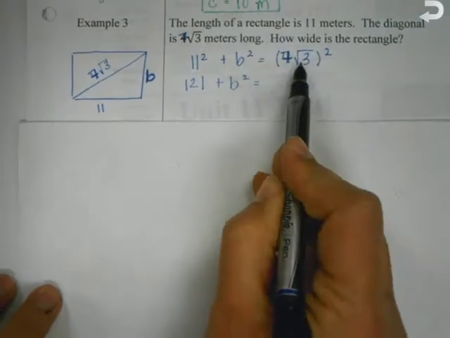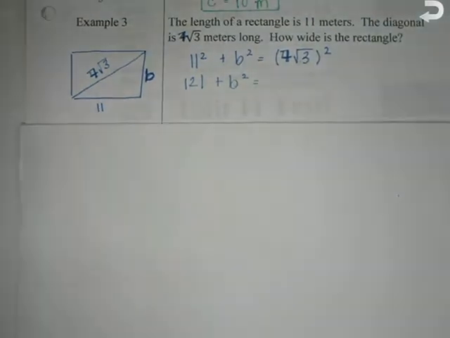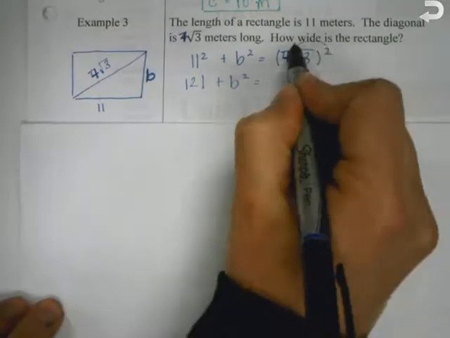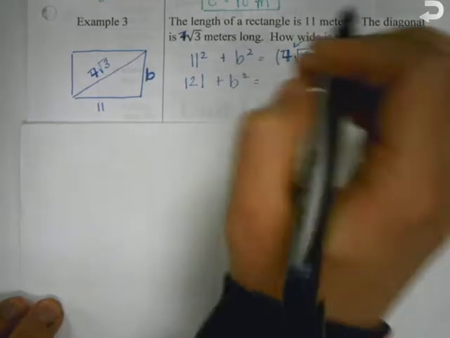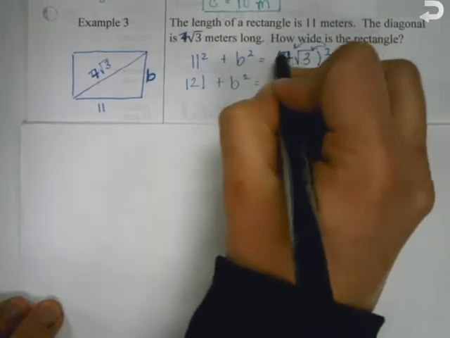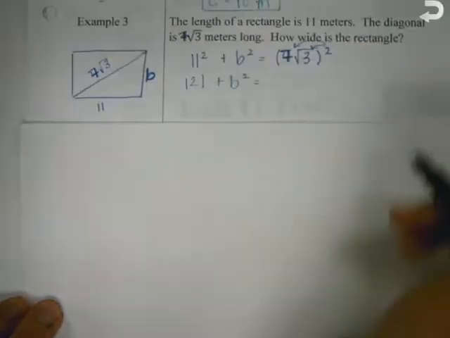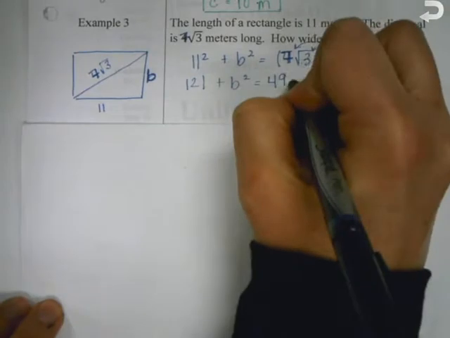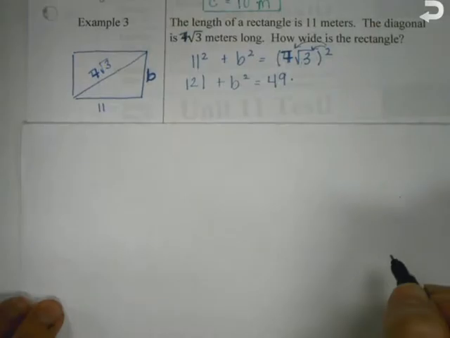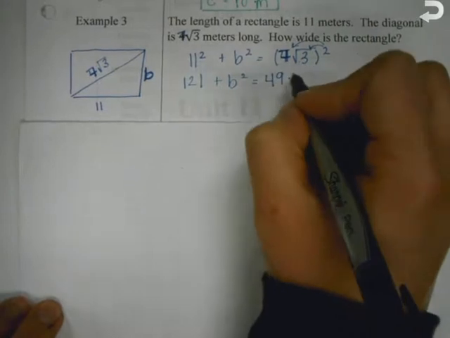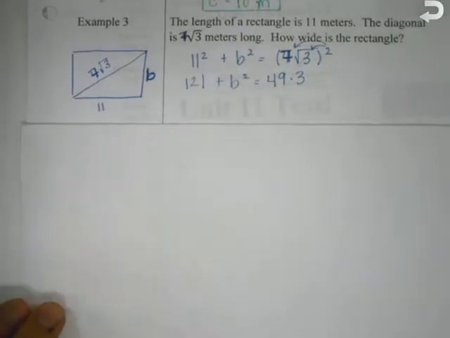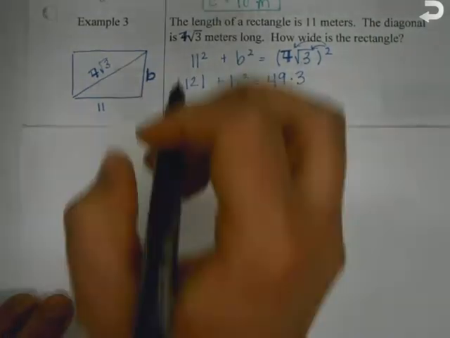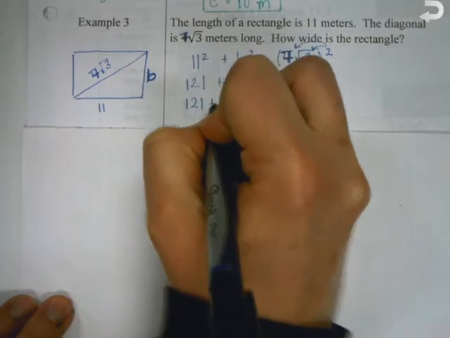Who remembers the rule for that? We square the 7 and then we square the root 3. So what is 7 squared? 49. So 49 times root 3 squared, 3. Okay. 121 plus B squared equals 49 times 3.